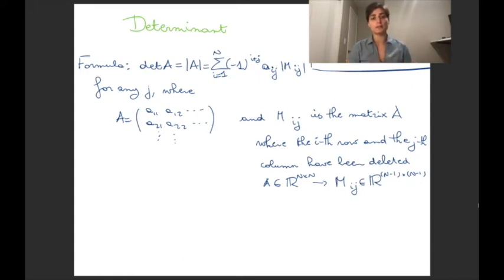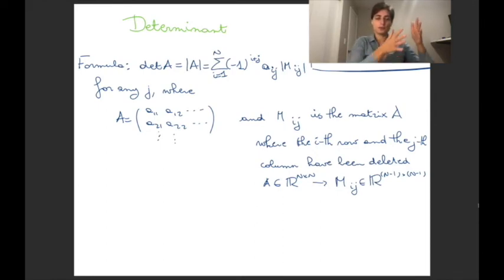We can also talk about determinants. A determinant of a matrix is a massive formula: there is a sign, then every term of the matrix multiplied by the determinant of the submatrix that comes from the full matrix minus the row and the column of the element you just took.